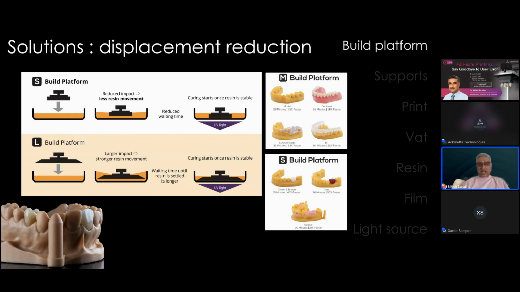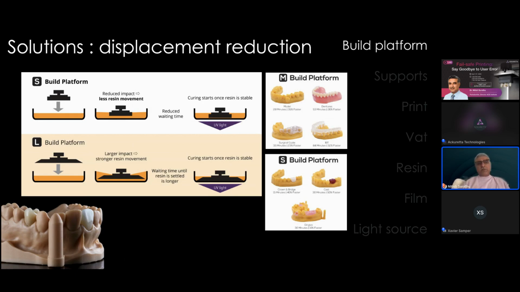So if you've got large displacement from a large platform, then that means more resin has to come back to the horizontal level. If you have less displacement of the resin from a small platform, then the resin returns far quicker. Now, if the resin returns far quicker, then the platform can approach the resin again much faster.